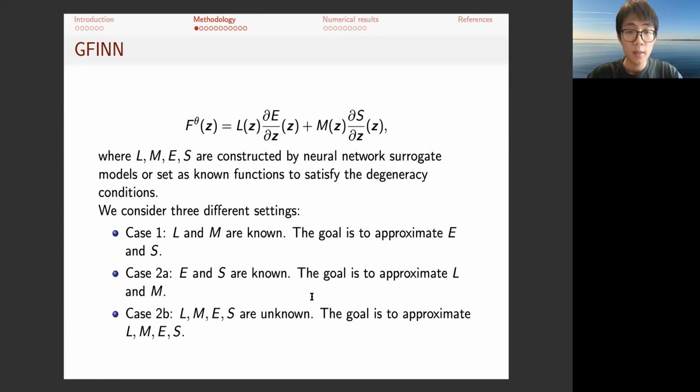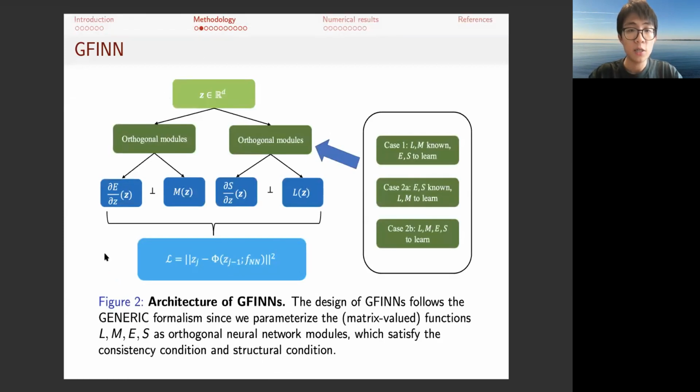This is a general graph illustration of what we are doing.